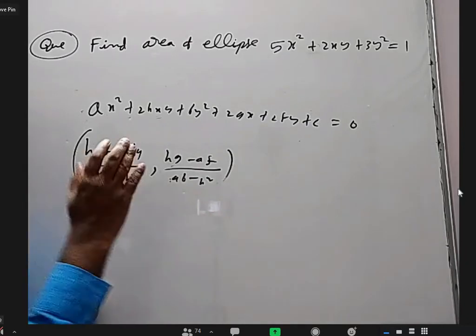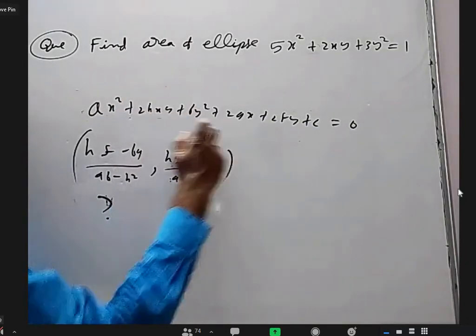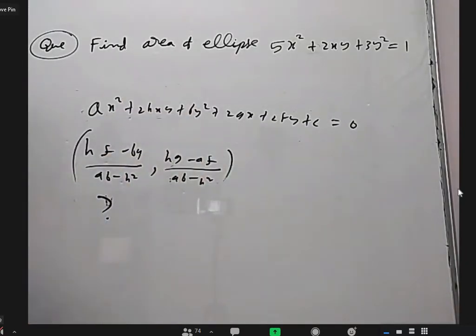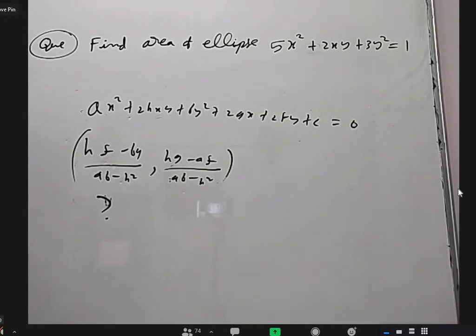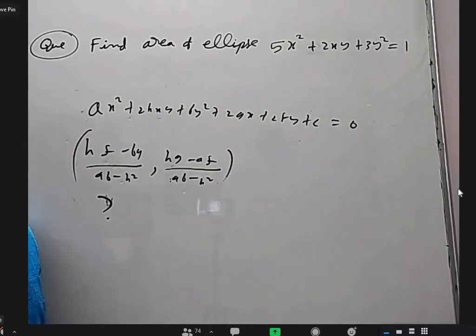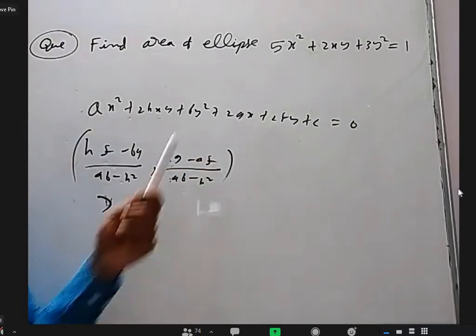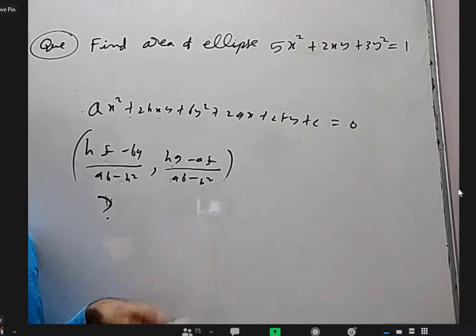What is the connection between that and this being the center? Anybody want to comment on that? Why is the answer for eliminating the x term and y term, the point to which the origin should be shifted, the same as the center?